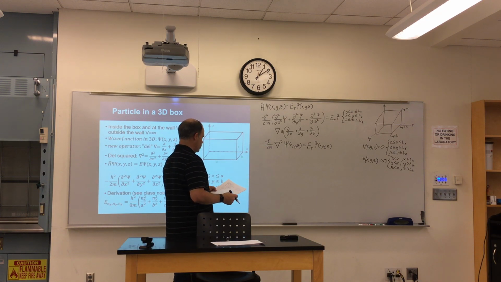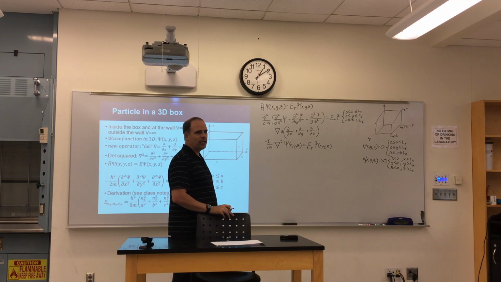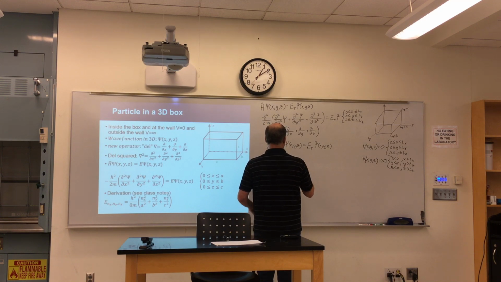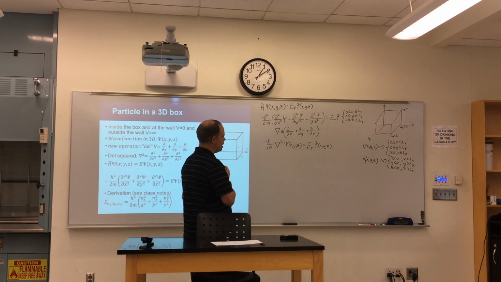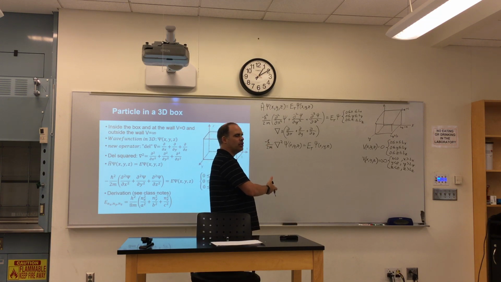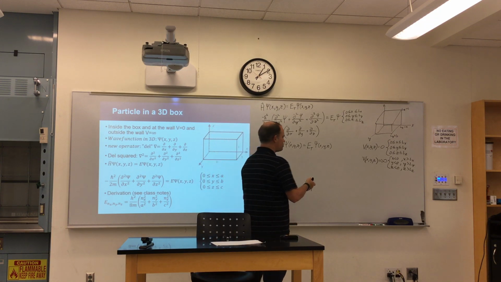Okay, so what we're gonna do is use the separation of variables technique that we did before, right? On this, you can imagine that the wave function we could think of as a product of a wave function for the x direction, a wave function for the y direction, and one for the z direction.